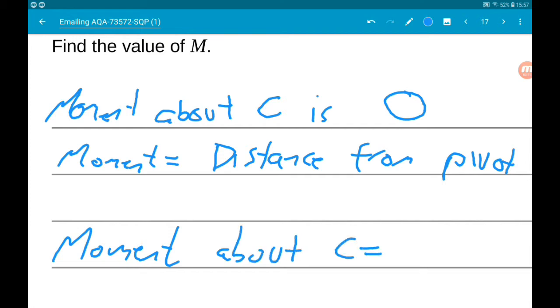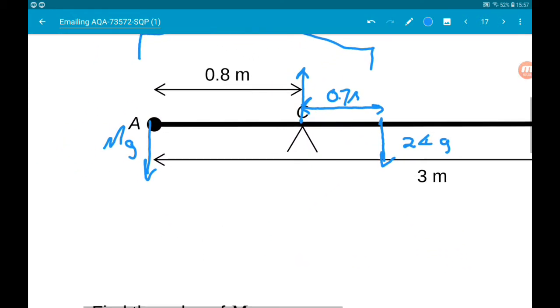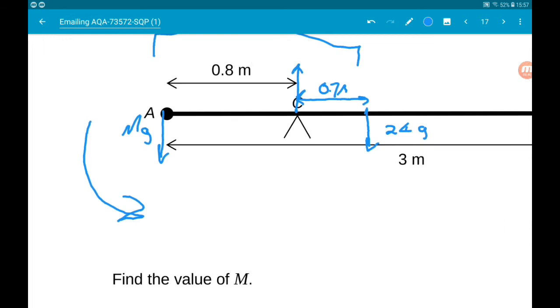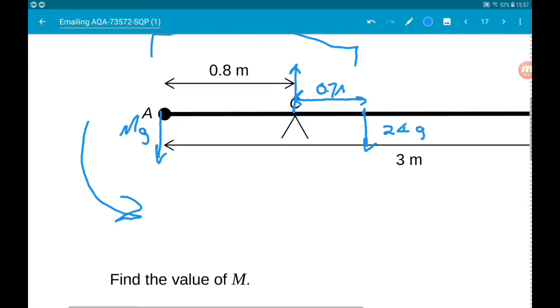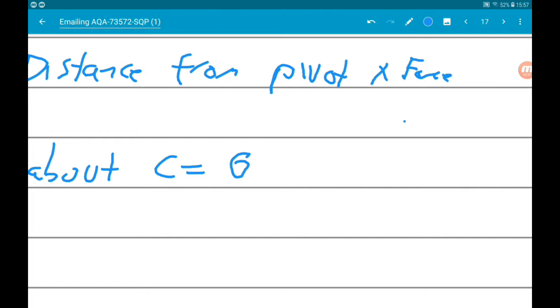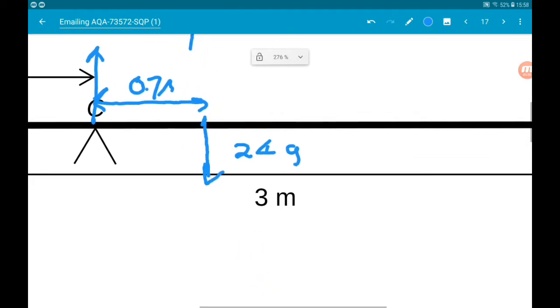So the moment about C then is, well, at A, this is trying to push the rod anti-clockwise, so that is a positive moment, if you like. So that's going to be m times g times 0.8. So there we've got 0.8 mg. Now, over on the right, this is trying to push the rod clockwise.